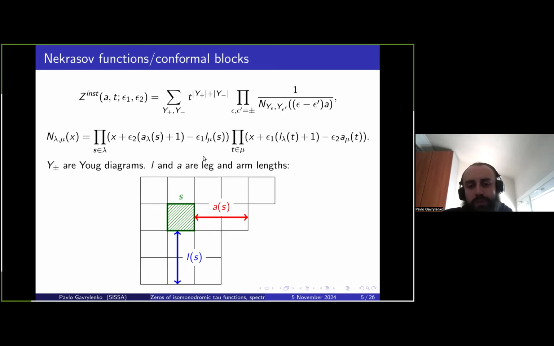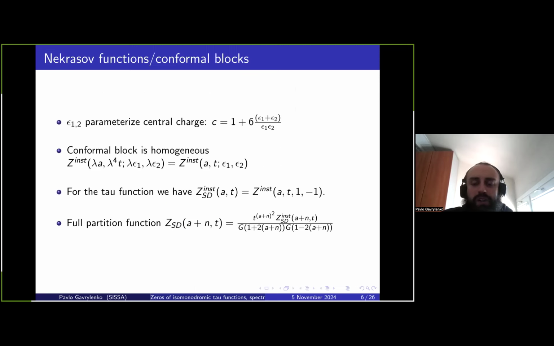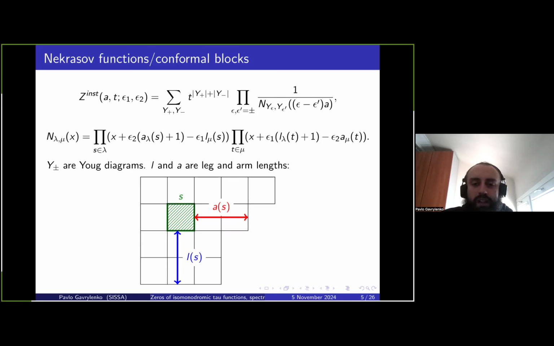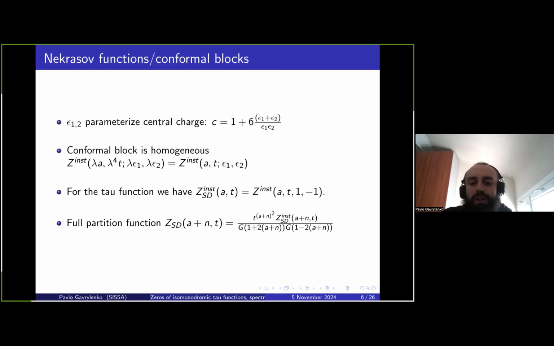It's given by an explicit product over the boxes of one Young diagram or the boxes of another Young diagram, with the x shifted by some integer combinations of two parameters, epsilon1 and epsilon2. And so it is some general object. And if we are interested in this particular case, which is used in the tau function, we should substitute epsilon1 equals 1, epsilon2 equals -1.